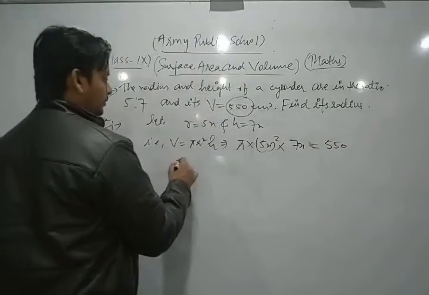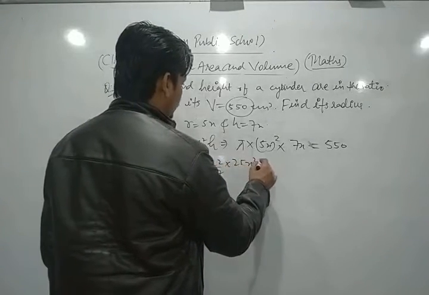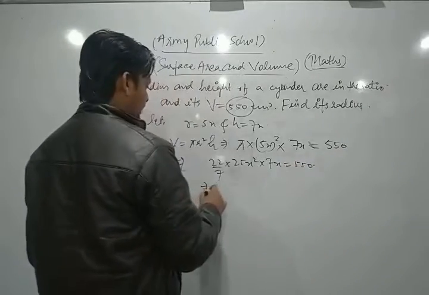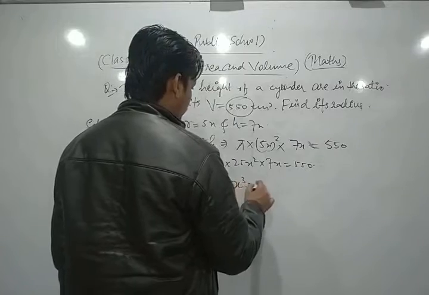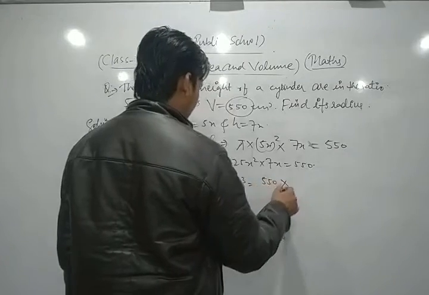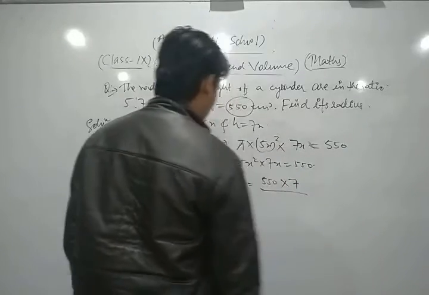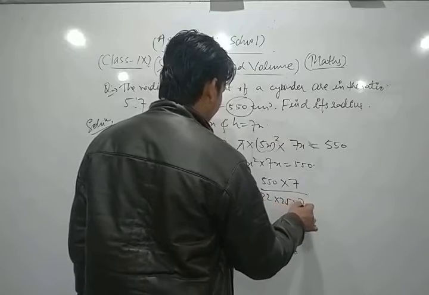Now we simplify them. So that is 22 upon 7 into 25x square into 7x is equal to 550. We transfer that side, so x cube is equal to 550 multiplied by 7 upon 22 into 25 into 7.